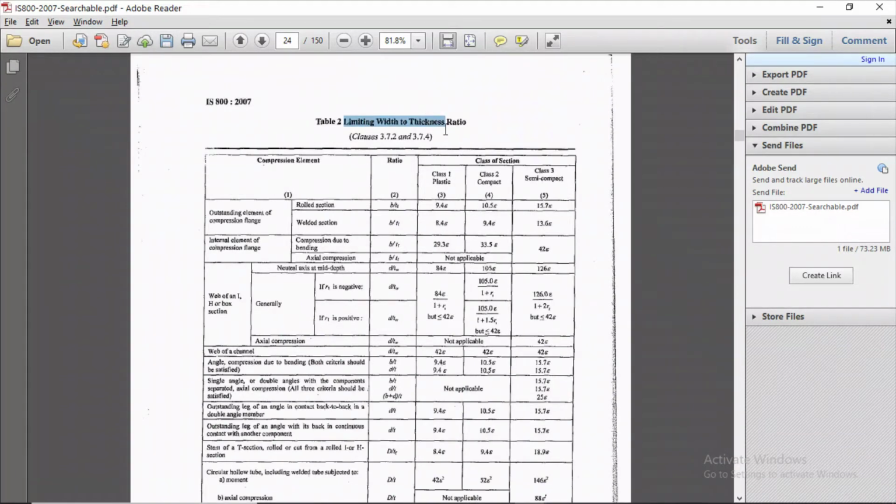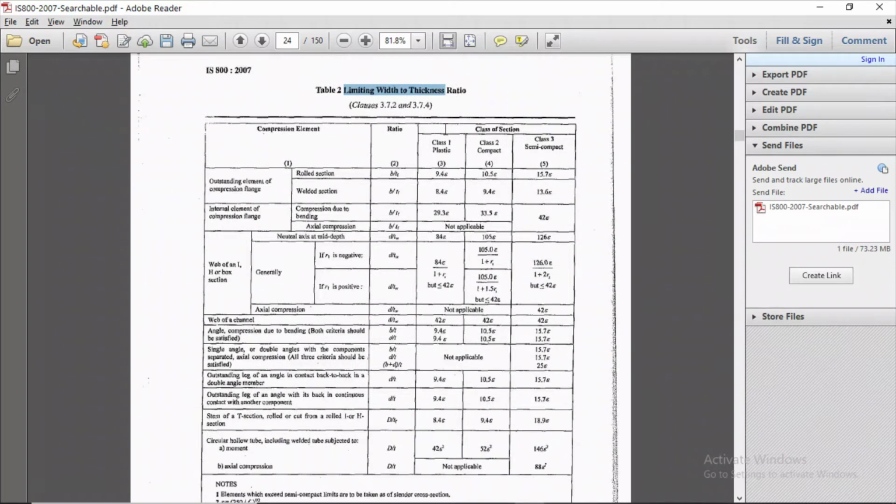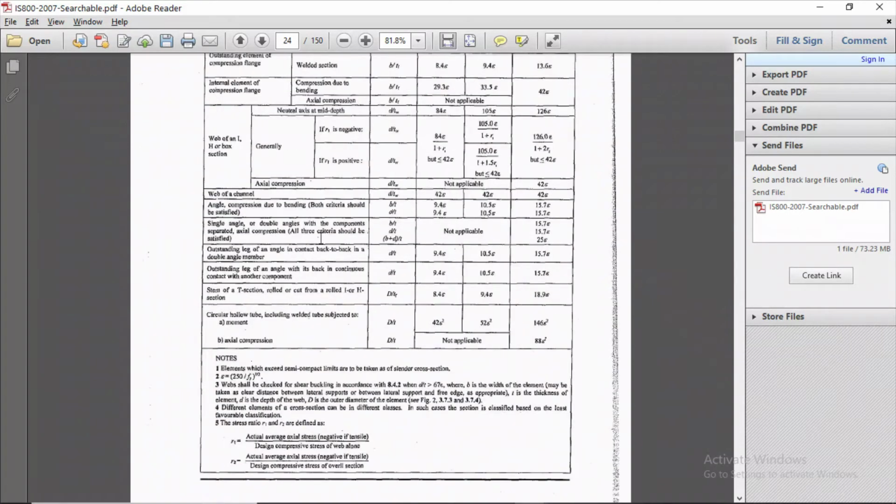Based on this we can classify our section. So the first formula that we have used, epsilon is equal to 250 divided by Fy, is written here in note number 2: epsilon is equal to 250 divided by Fy raised to 1 by 2. Now we have an I section here, right?